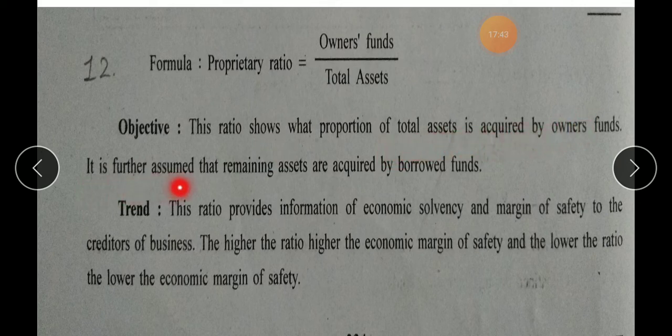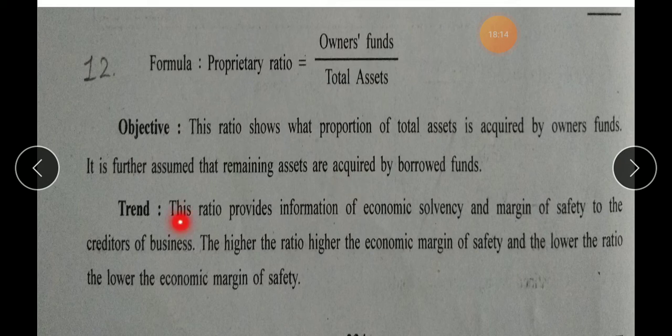It is further assumed that the remaining assets are acquired by borrowed funds. Obviously, to meet the financial requirements of the business, funds need to be collected, or rather, invested in the business. So there are owner's funds and the remaining are assumed to be borrowed funds.